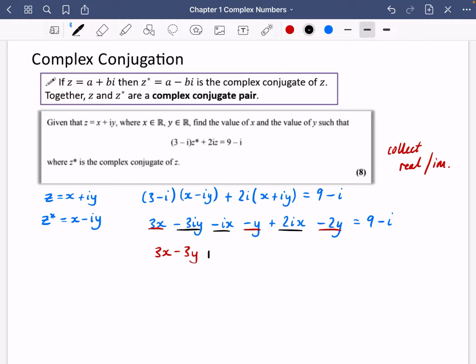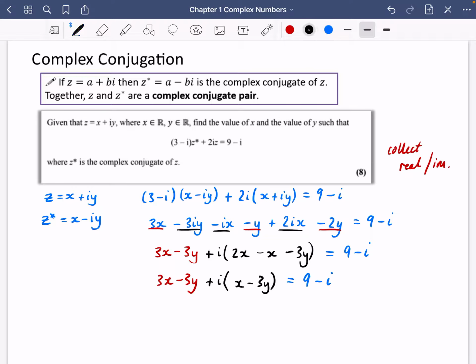If I take out a positive i, looking at this one because it's positive, I would have 2x, then minus x, and then minus 3y. And that is all equal to 9 minus i. So let's do a little bit more simplifying. That's 3x minus 3y plus i(x minus 3y) equals 9 minus i.